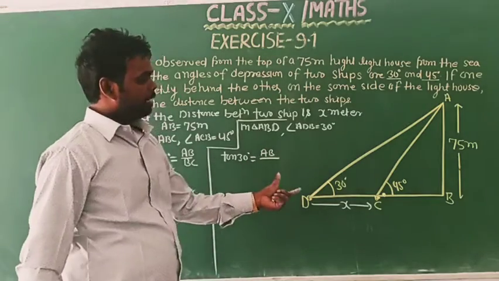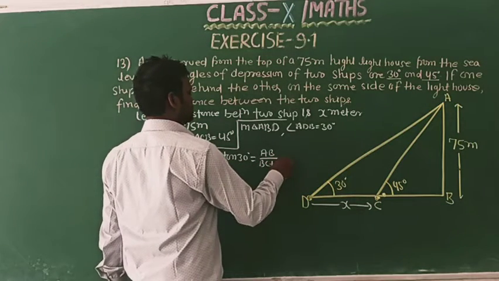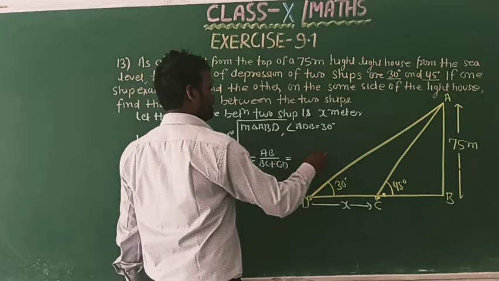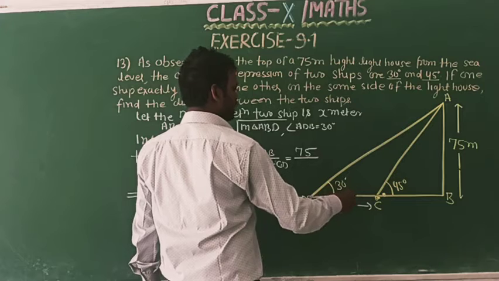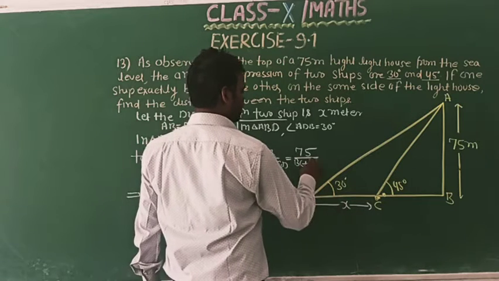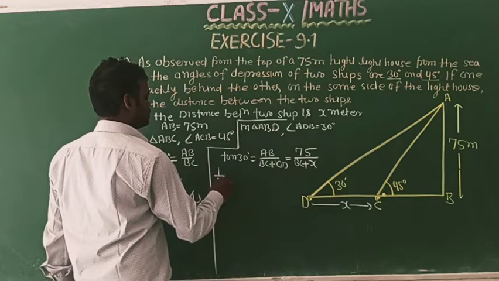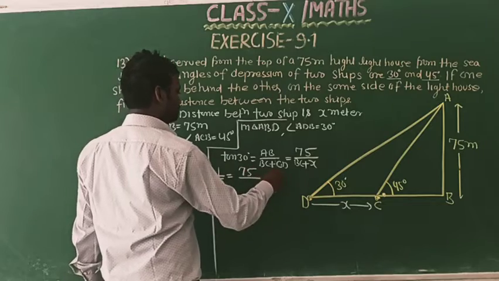Perpendicular is AB and base is BC plus CD. AB is 75 and this is BC plus X. The value of tan 30 is 1 upon square root 3 equal to 75 by BC plus X.